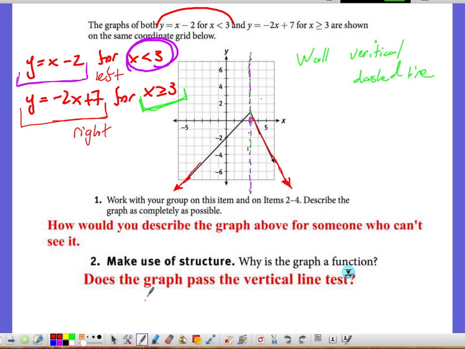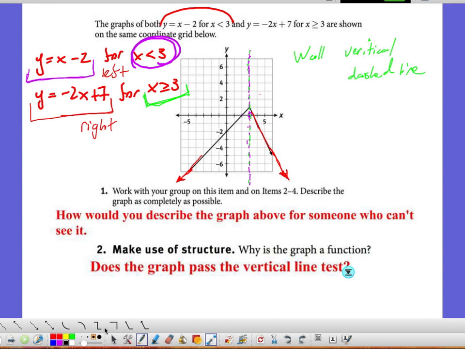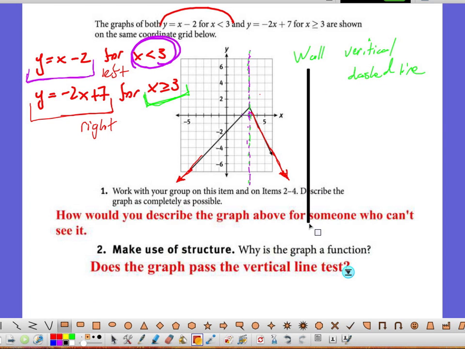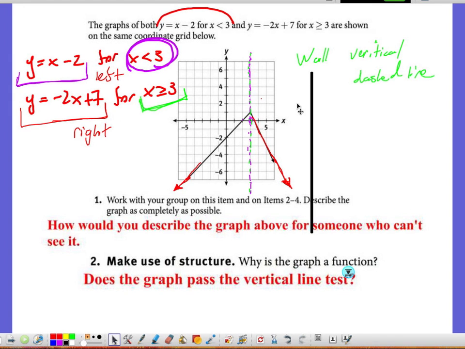Just one simple idea here. Does it pass the vertical line test? Well, let's go ahead and draw a vertical line. And some students were able to remember what the vertical line test meant. If you drag this vertical line across the graph, if it only intersects at one point, then it is a function.